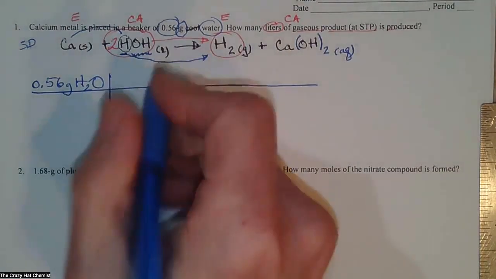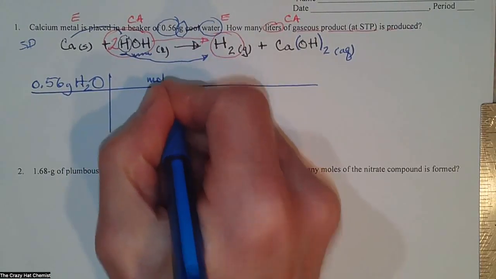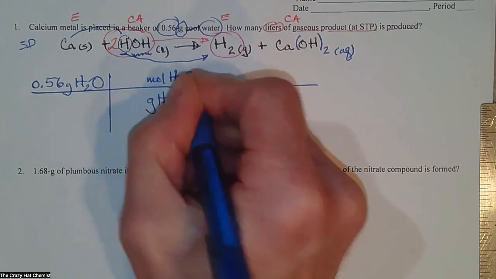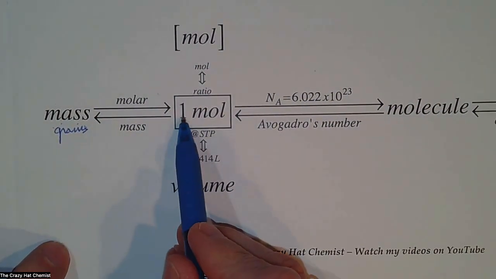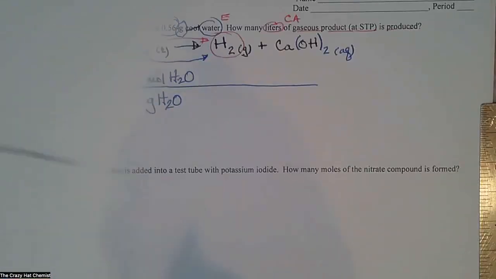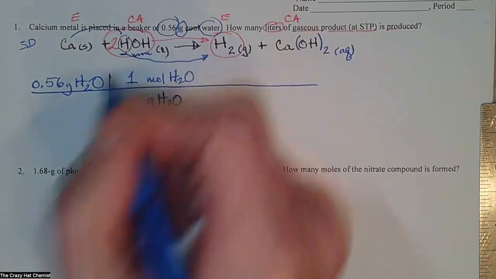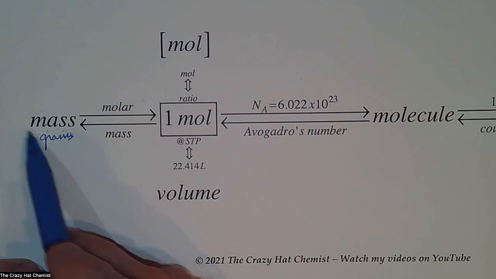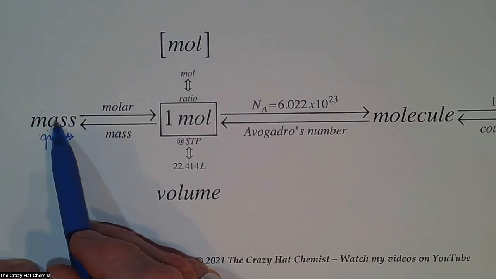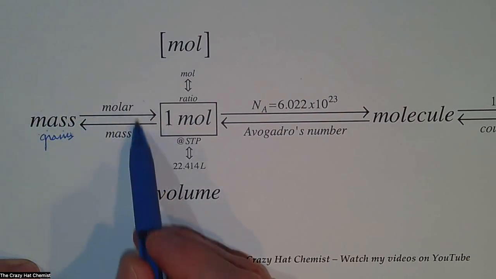So I'm going to have moles in the numerator and the same formula, H2O. And then I'm going to go back to my flow chart right over here. And what's the number in front of the mole? It's a 1. So a 1 in front of the mole. Okay, and the number in front of the grams, outside of the starting number, which is right here, the mass, is using the molar mass.